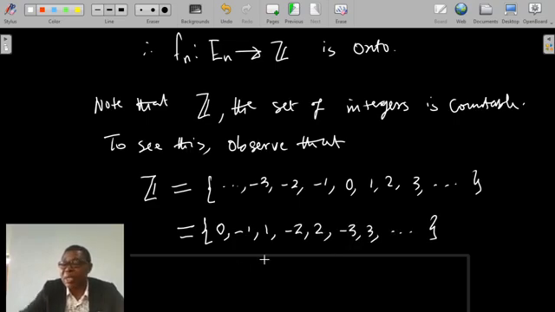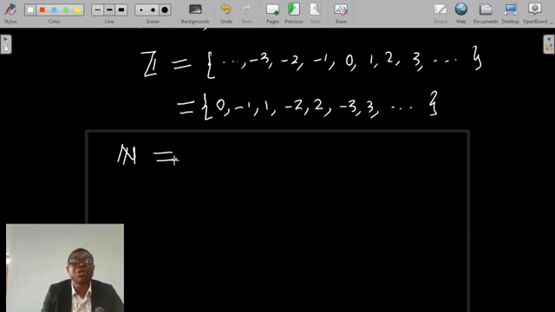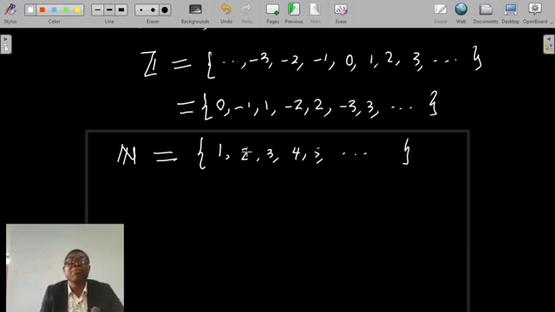Now with this, if I now put down the set of natural numbers here, and we know that the set of natural numbers is the set 1, 2, 3, 4, 5, and so on. Then with this arrangement, we can do the following. We have that 1 is mapped to 0.